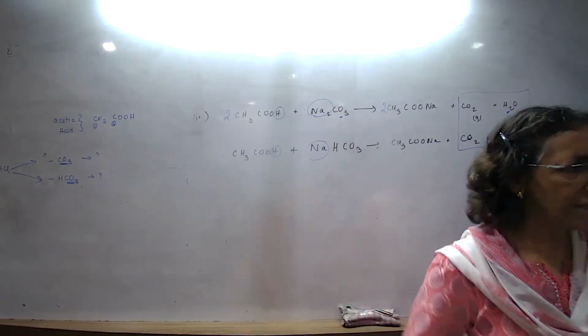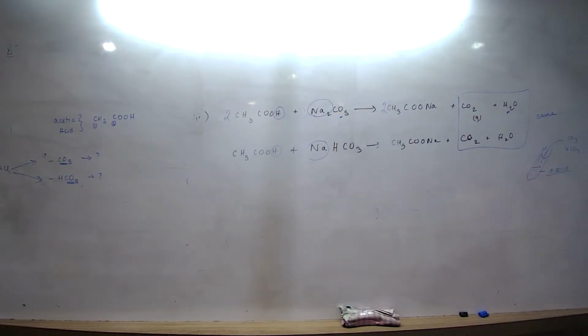A carboxylic acid like acetic acid reacts with carbonates or hydrogen carbonate to form salt, carbon dioxide, and water.